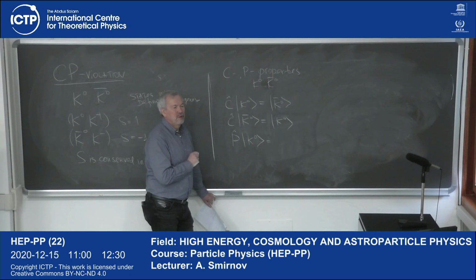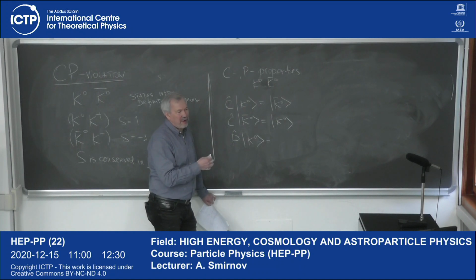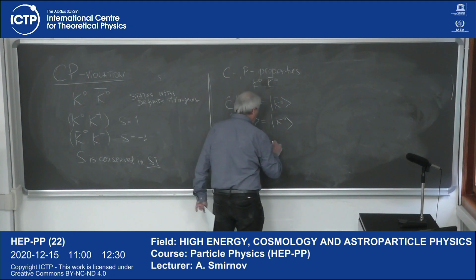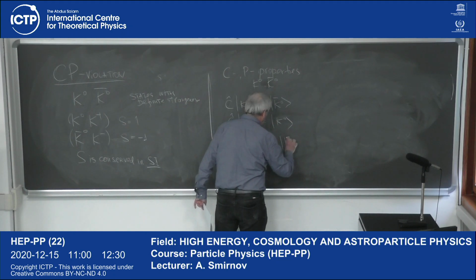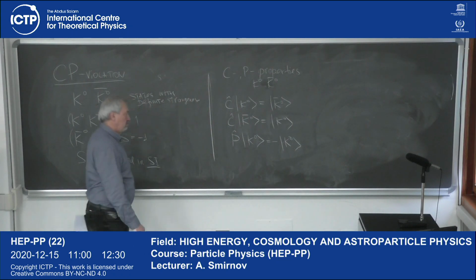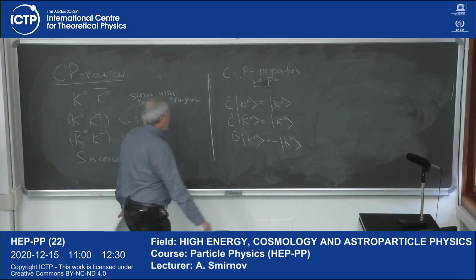So pions are pseudoscalars, which means that under P transformations, pions change sign, and the same is true for K mesons. So K meson is pseudoscalar, and therefore changes sign. Okay?